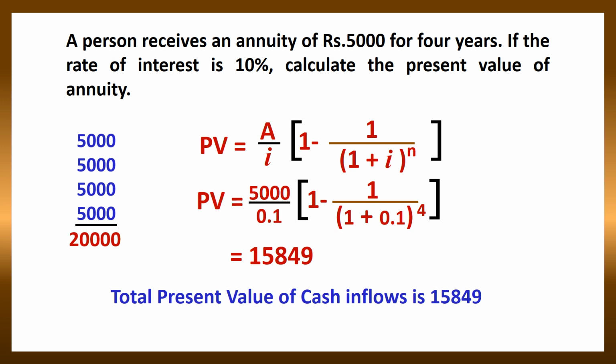Instead of this, if he had received 20,000 now itself, the value of that is 20,000 itself because he is receiving it now. But here he is receiving it in 4 years. That means he is not getting the full value of 20,000. He is getting only 15,849 now.